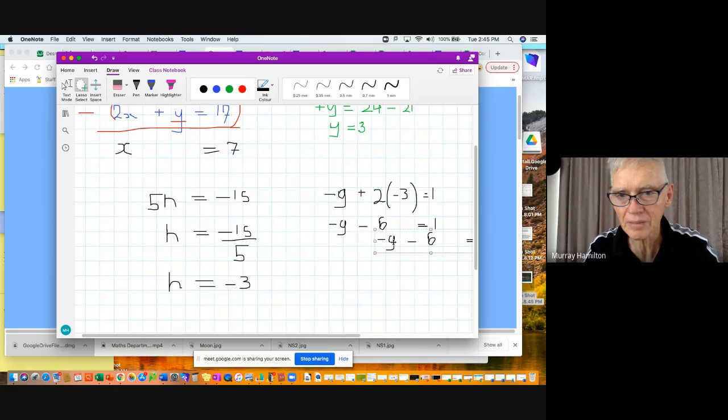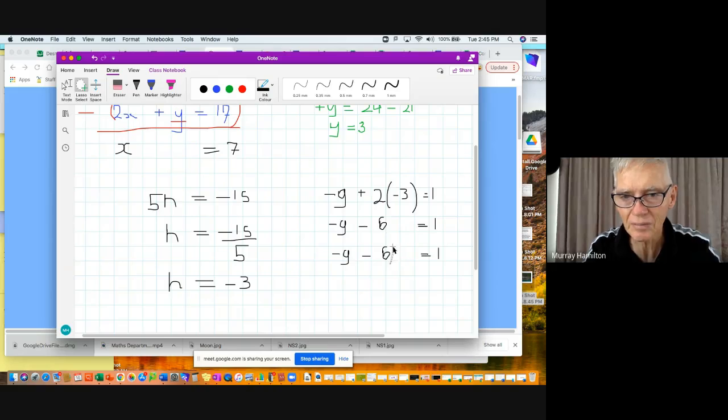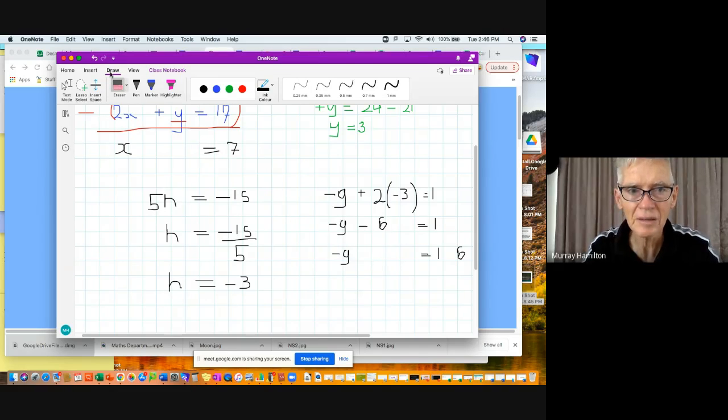So here I take this minus 6, I'm going to take it to the other side, and that becomes a plus 6. So negative g equals 7. And then I can divide both sides by negative 1, and g will equal negative 7.